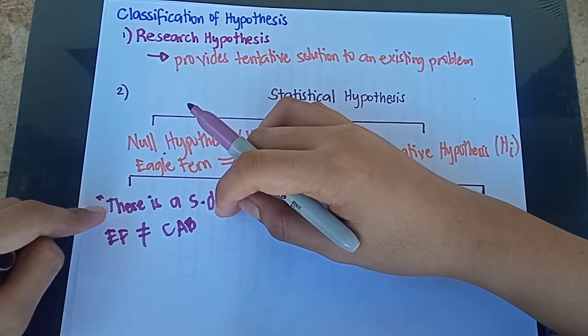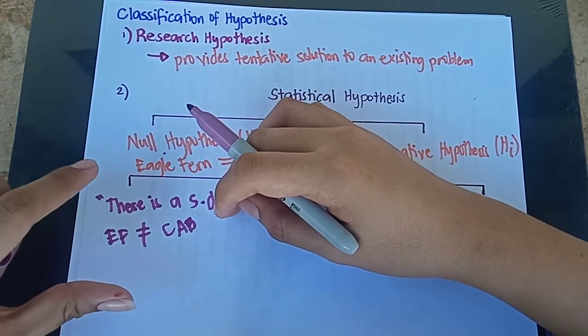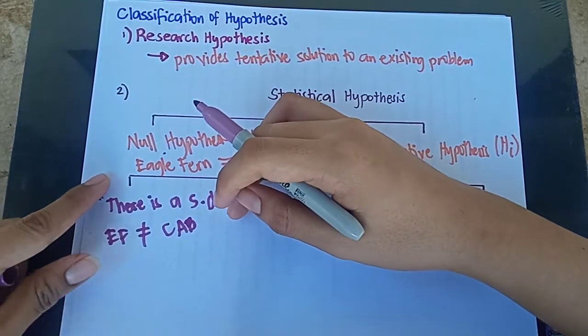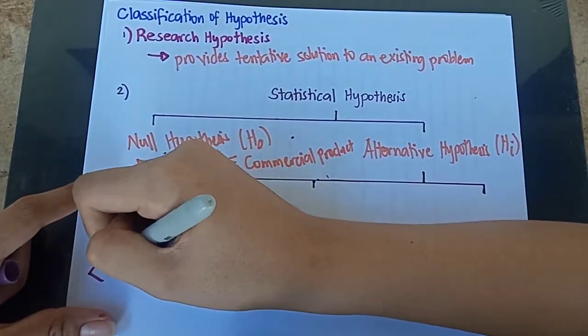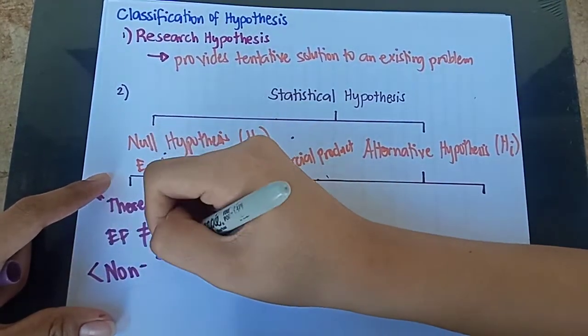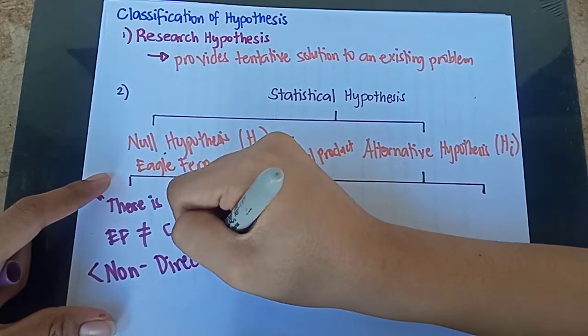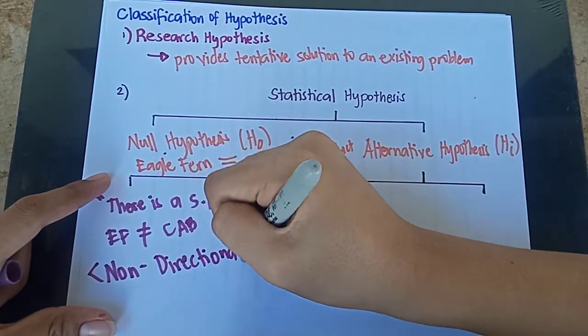An alternative hypothesis which states that there is a significant difference will be known as non-directional alternative hypothesis.